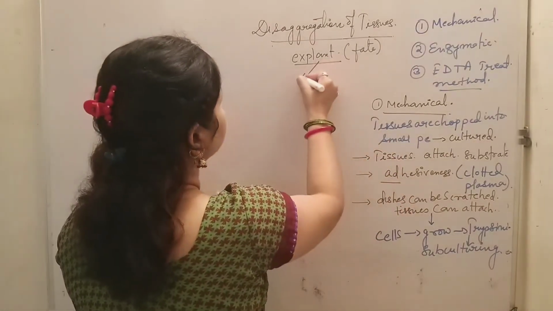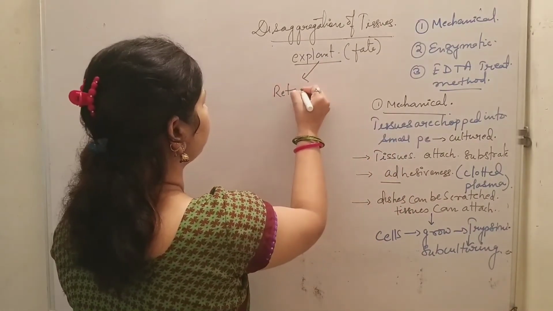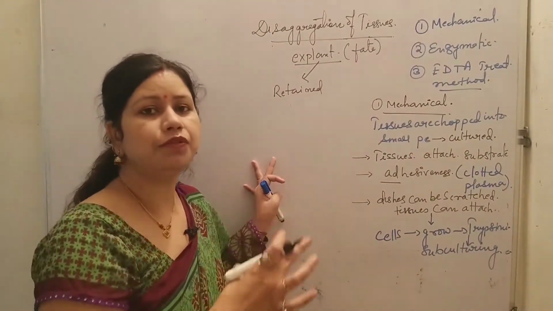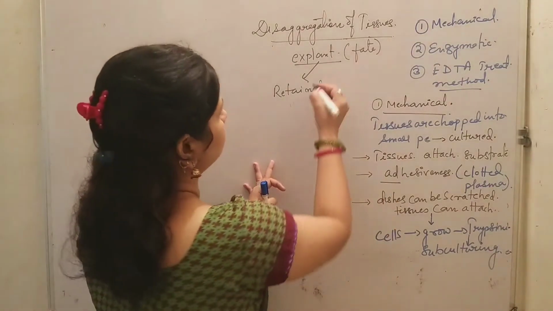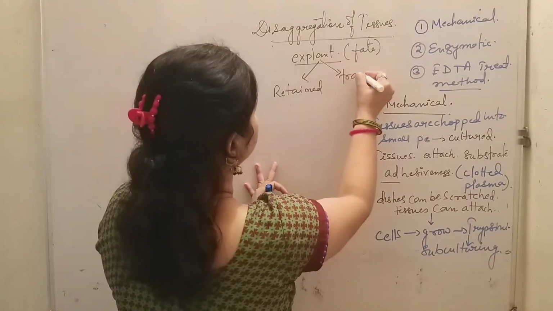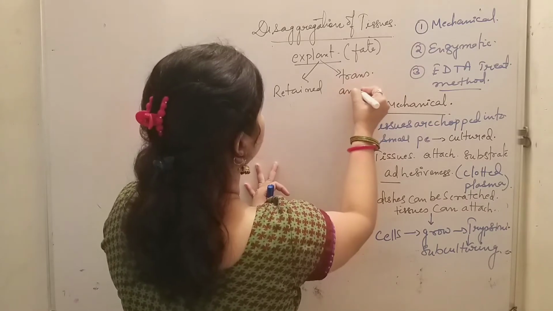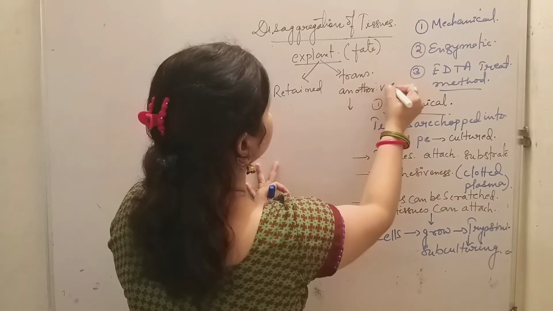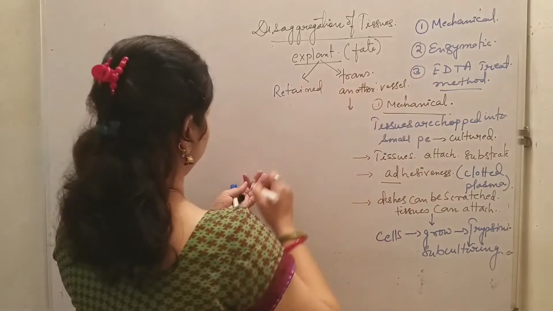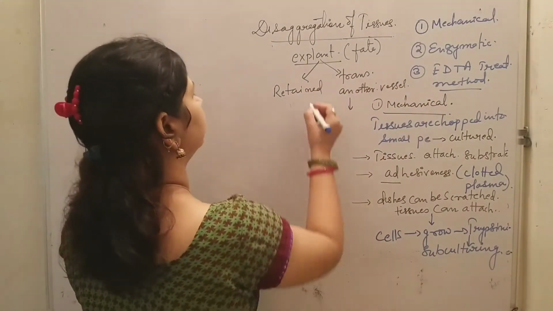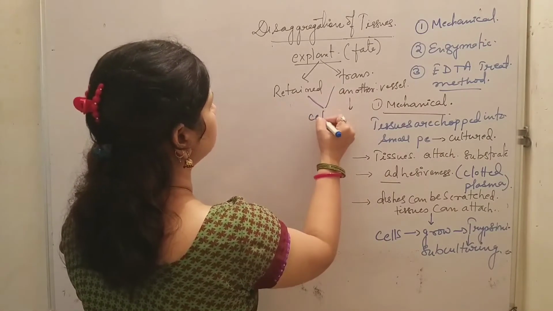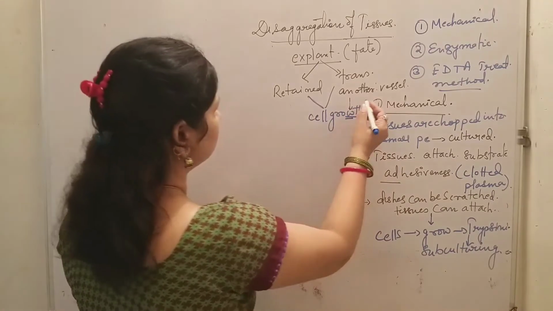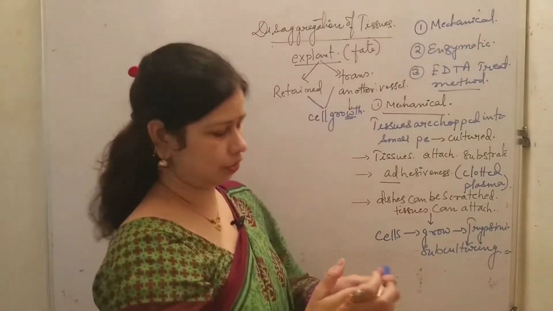They can be retained in the same culture vessel, or they can be transferred into another culture vessel to obtain their further cell growth. So this is about the mechanical disaggregation of tissues.